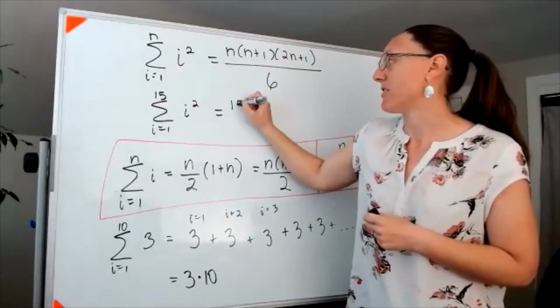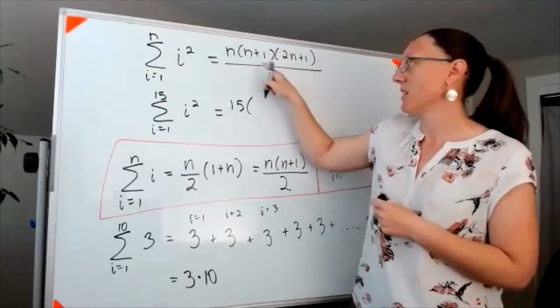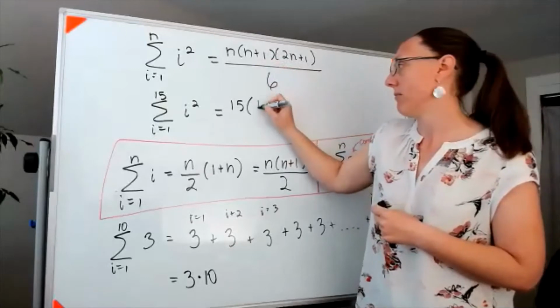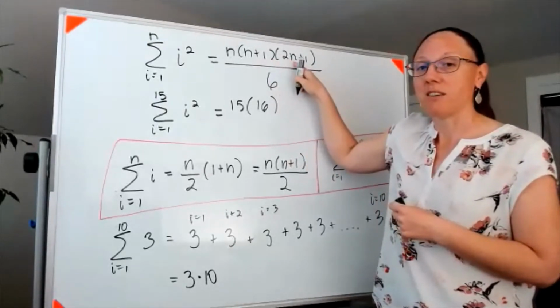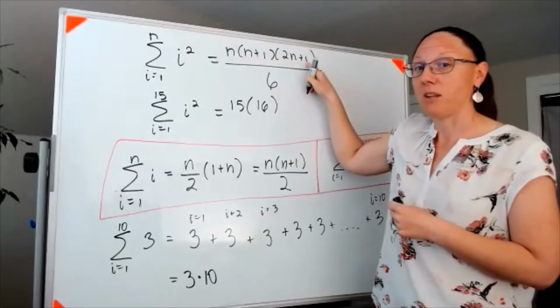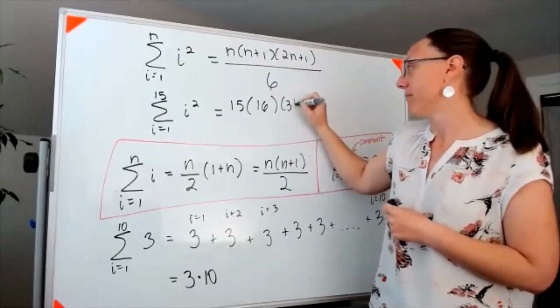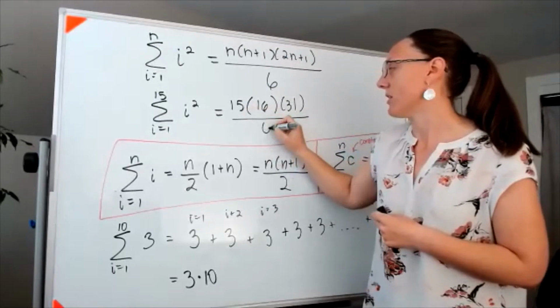So this would look like 15 times 15 plus 1 times 2 times 15 plus 1, so now I'm at 30 plus 1, all over 6.